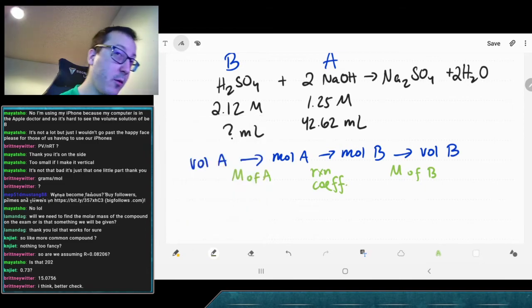There is kind of one more step on each side that we're going to see. What's the unit of molarity again? Could someone remind me?